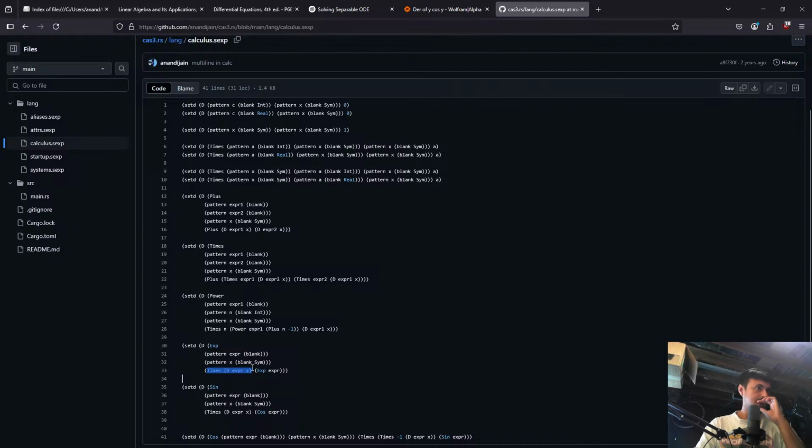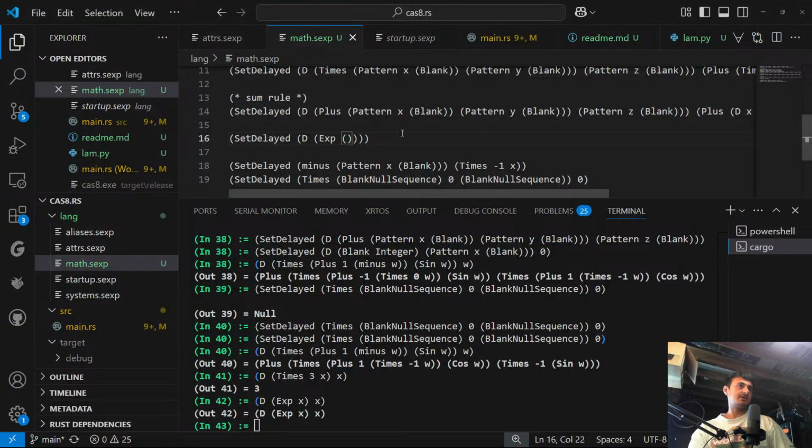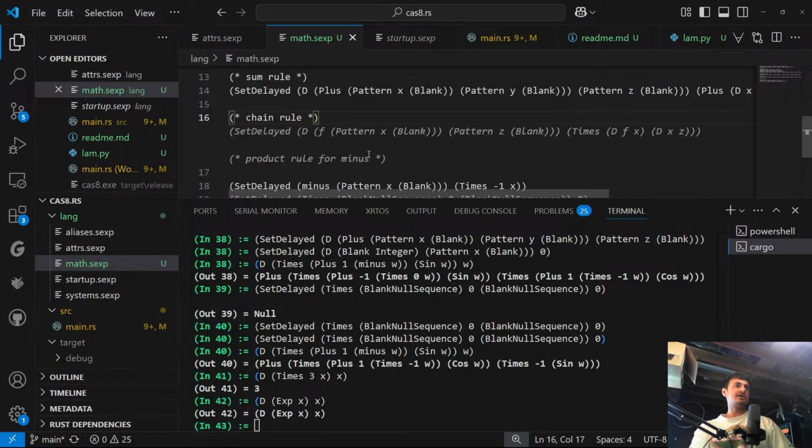Oh yeah, you need a chain rule. All right, we're not going to run into any exp. We're good. But I think I do need the generic chain rule. I think that's right, actually.